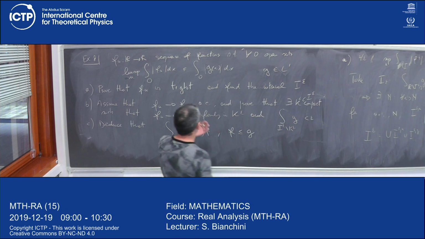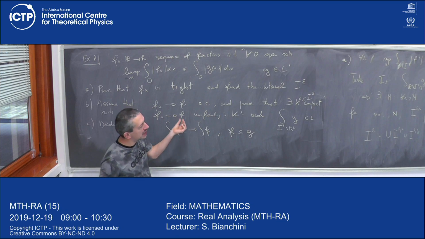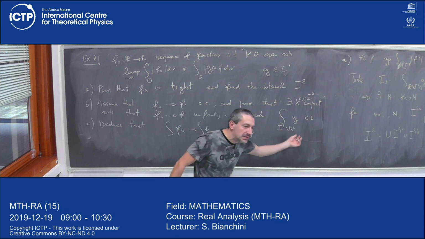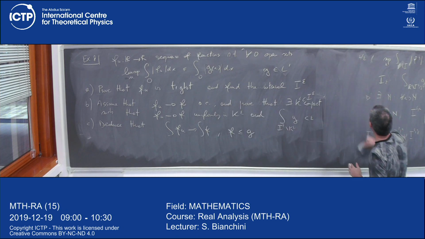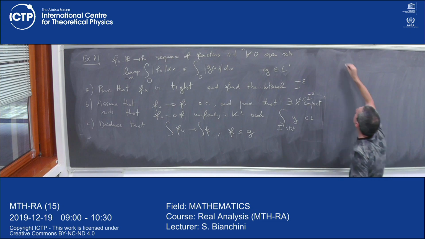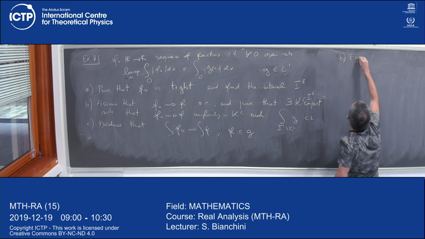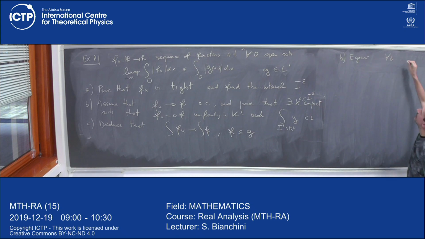So the only thing to add is that the epsilon you choose in Egorov is not related to F, but is related to G. You see, Egorov tells you that for all epsilon, you have to remove a set of measure epsilon.